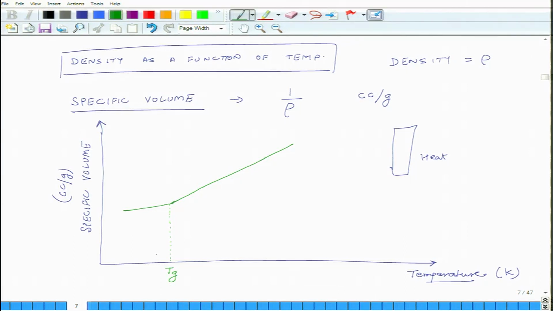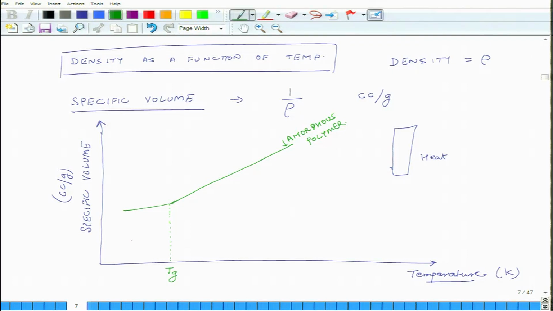Okay. So this is for amorphous polymer. We are not talking about thermosets. So what I am saying is, initially it just increases, and above the glass transition temperature this is what happens, and it just keeps on increasing.